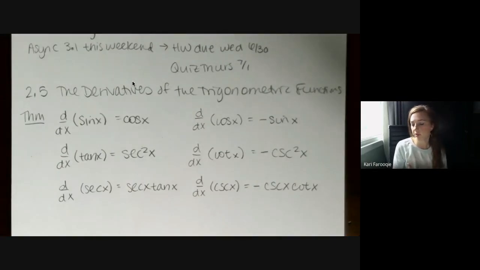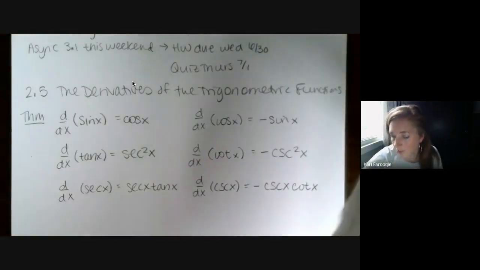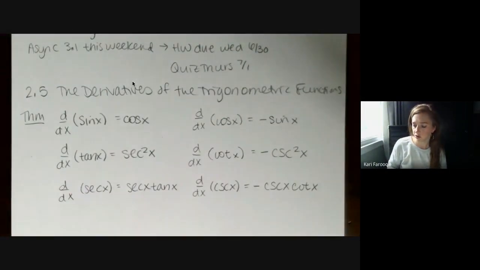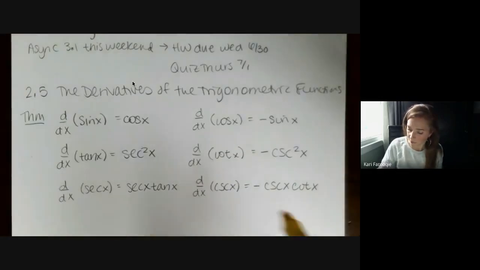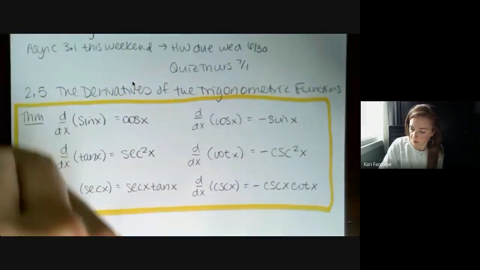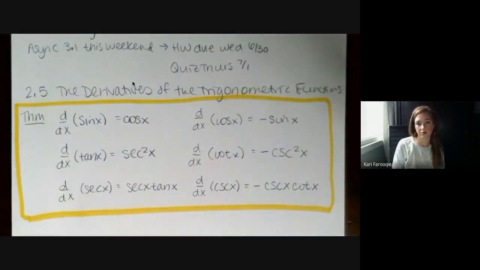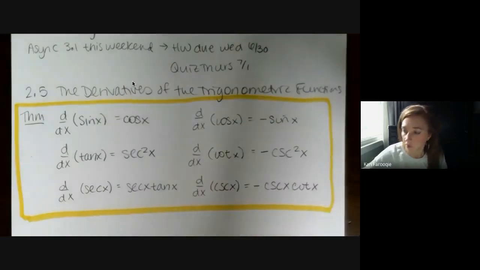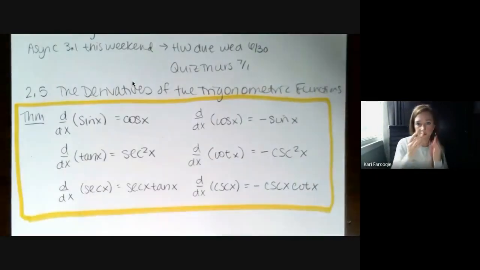So you can see that pattern, but these will all be in your notes, and the test is open note anyway. So those should be pretty straightforward for you. Just highlight them. Do whatever you need to do to make these stand out to you. So those are the derivatives we're going to be working with today.